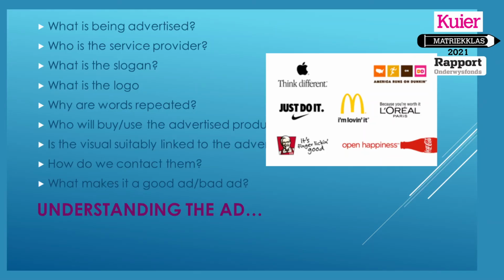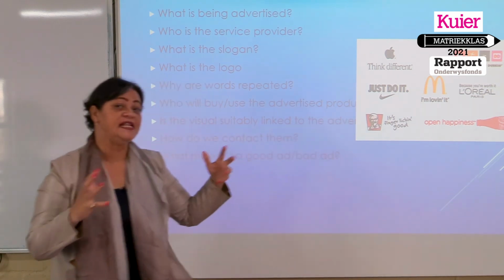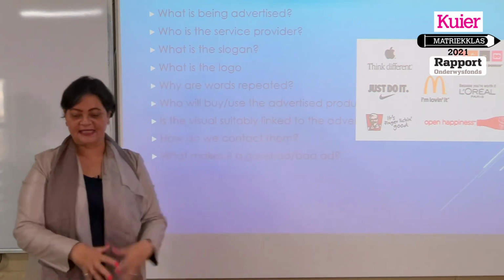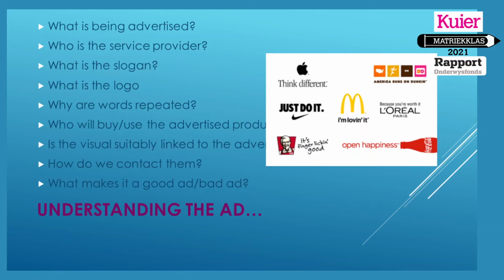Is it a service? Is it an idea? What is it that's being advertised? Identify that, right? I've put these here just so that you can have an idea of how to analyze the ad. Who is the service provider? What is the slogan? And I love that idea of Just Do It. That's the slogan for Nike. The logo is the tick.